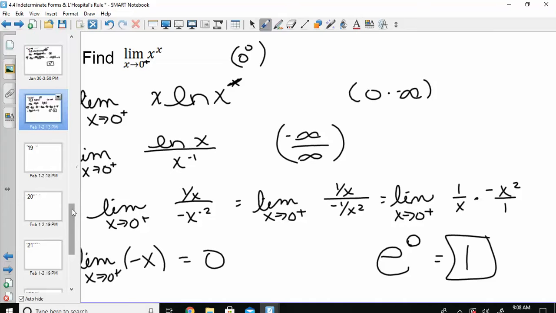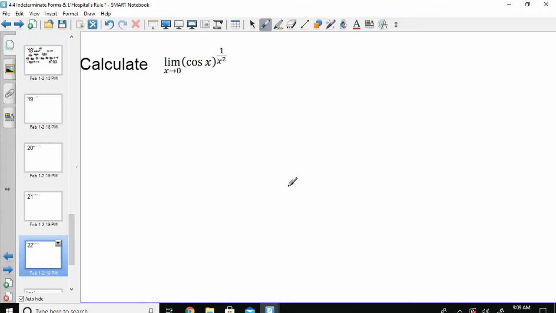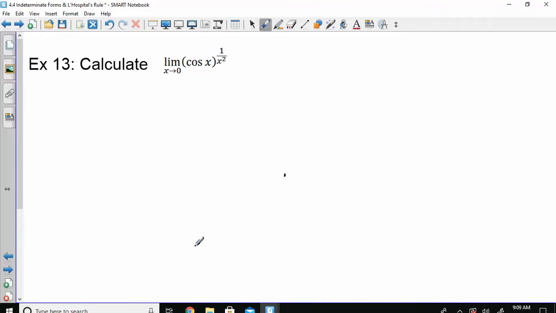They're just saying it doesn't work because you're approaching 0, you're not at 0 exactly. So if you have a really big number to even like a 0.5 power, you're going to get an actual numerical answer. So it could approach a number other than 0, or other than 1, excuse me. Okay, let's look at example 13.